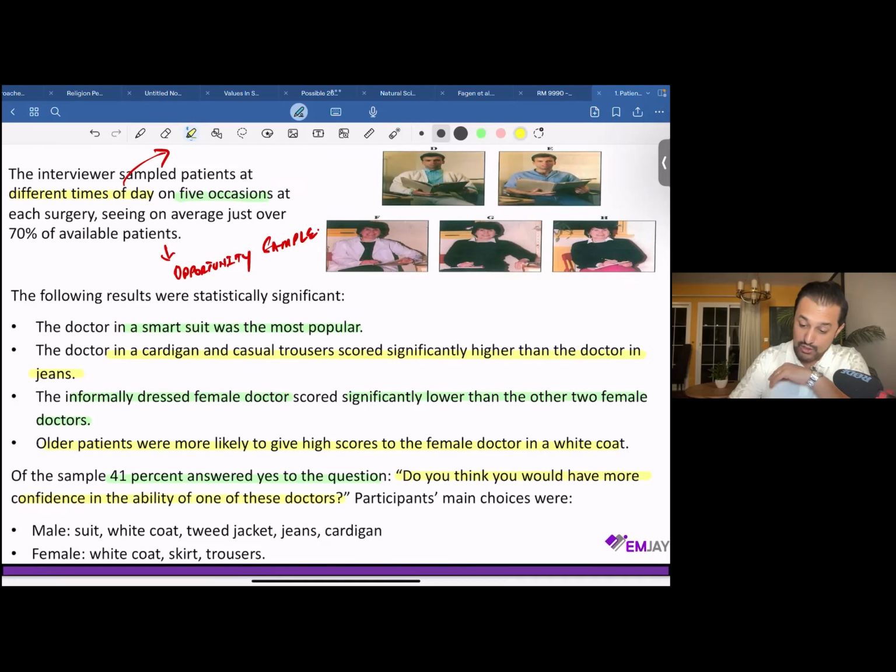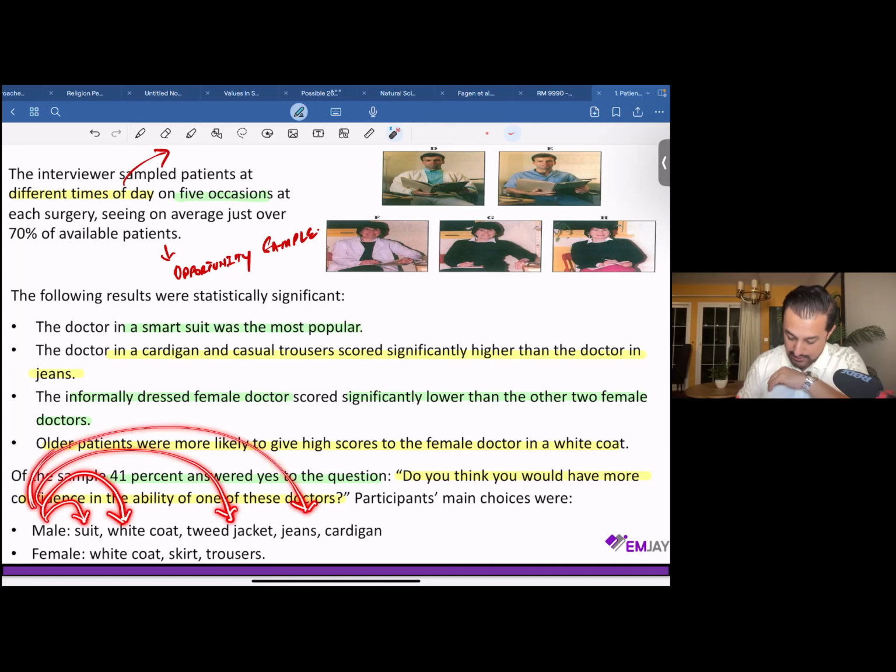Participants' main choices were: for males, wearing a suit, a white coat, a tweed jacket, jeans, and a cardigan. And for females, a white coat followed by a skirt and a trouser, right? So when participants were asked this, 41% answered yes.